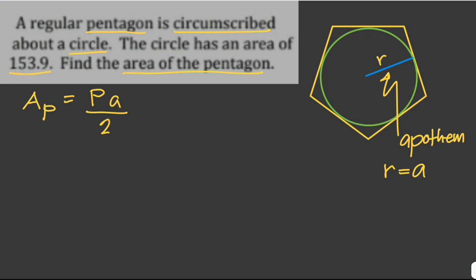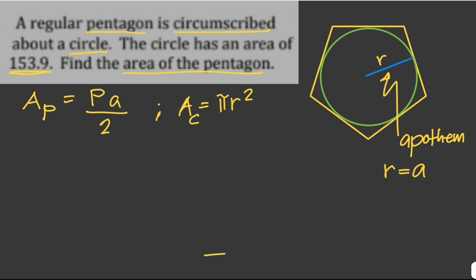Since we're given here the area of the circle, we can solve for its radius. The area of the circle can be calculated using the formula pi r squared, where r is the radius and pi is equivalent to 3.14.